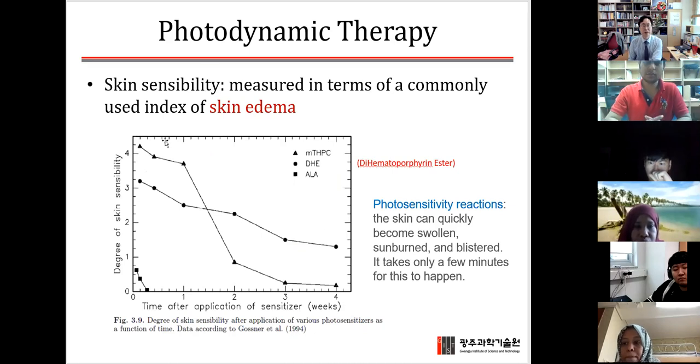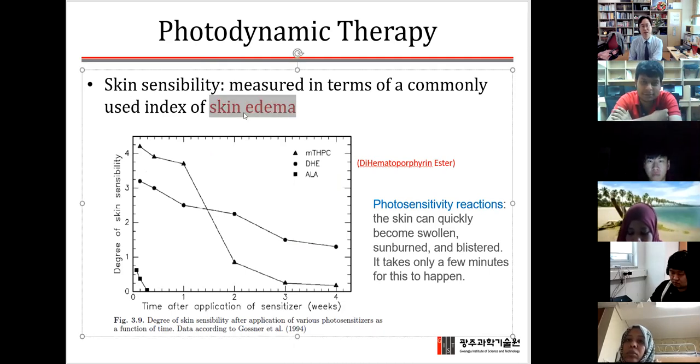So skin sensitivity means how much of the photosensitizer will have a chance to cause the skin to be damaged. And this can be measured as an index for skin edema, which means skin swelling.